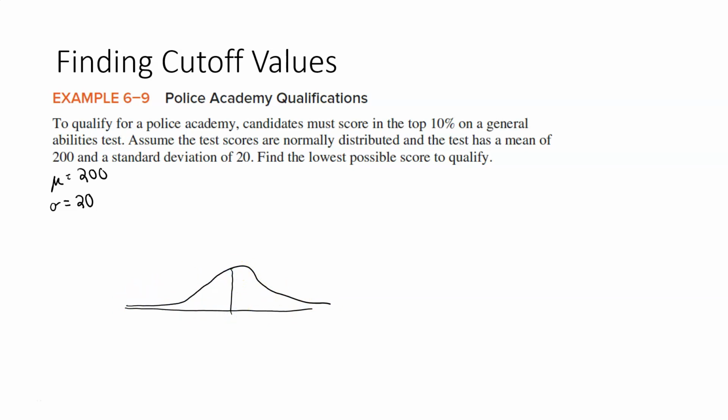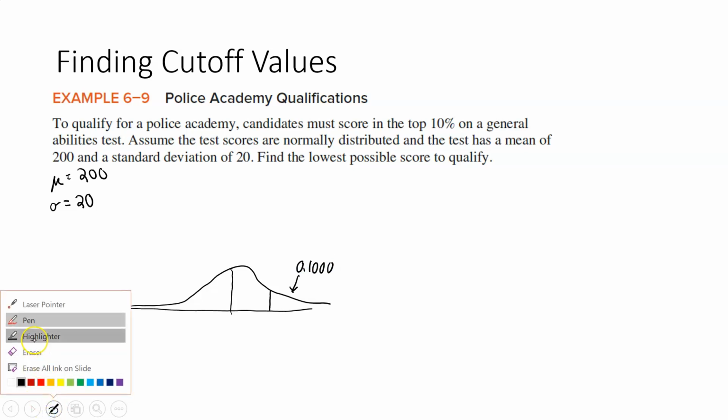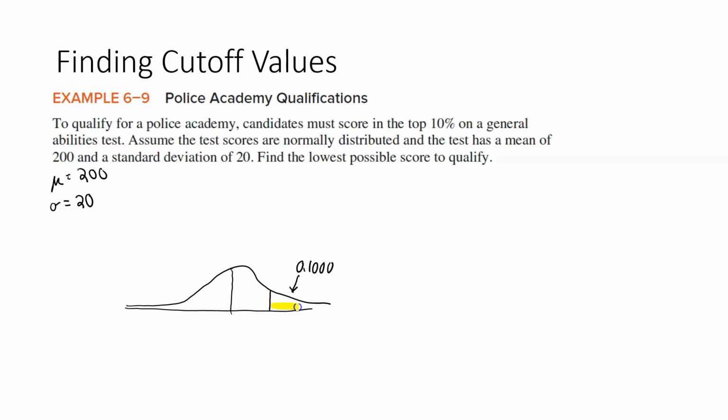We want to be in the top 10%. We want to be somewhere out in this right tail. We want 0.1000, 10% of my area. In order to be accepted into the academy, I've got to be in here. But remember what I just said. The standard z table is not going to help me with this 0.1000 here. That is not going to work.